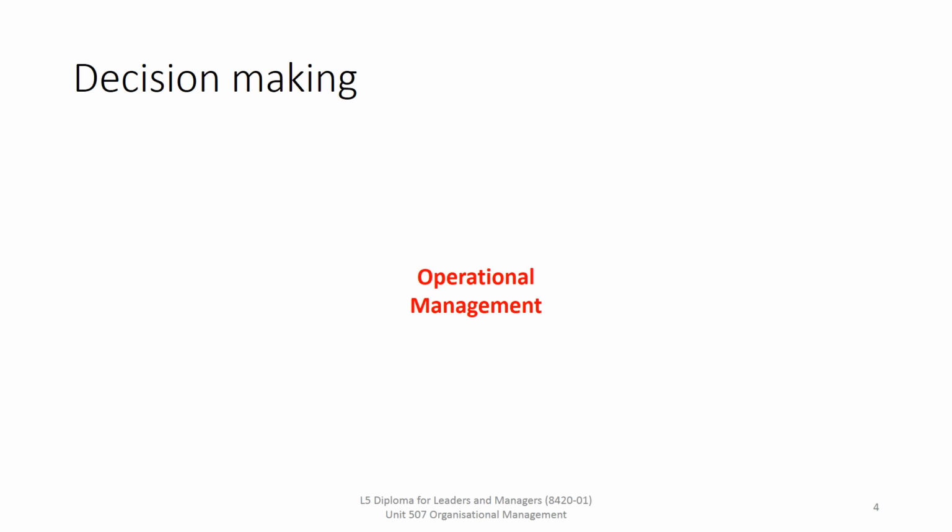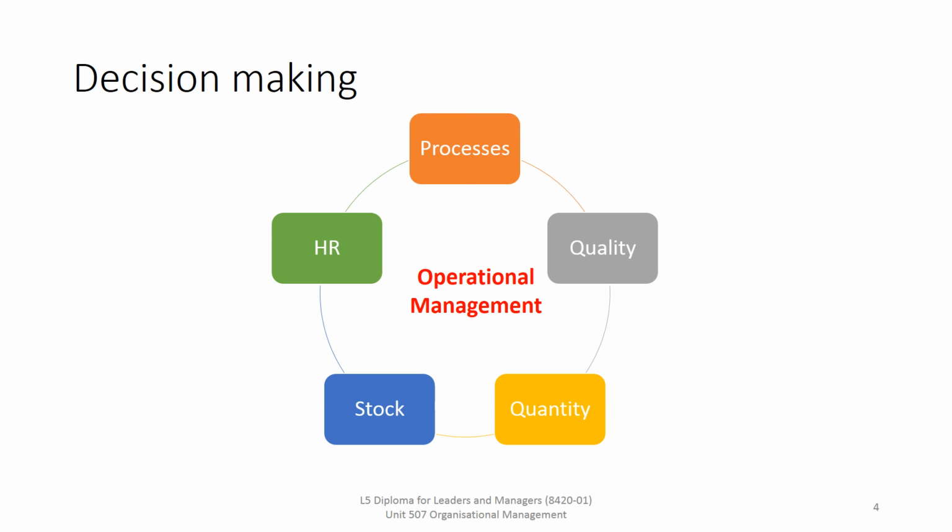But the main decisions in operational management are going to be around, as it's coming up on the screen now, the processes by which the goods and services are produced, so designing and managing them, the quality of what we're producing and the goods and services, the monitoring and controlling of that, the quantity of those goods and services, the capacity of what we're producing, the management of the inventory, the stock of our goods that we've produced and the inputs that we're taking in to produce them, and then the management of the human resources that are going to be critical to that operation taking part.